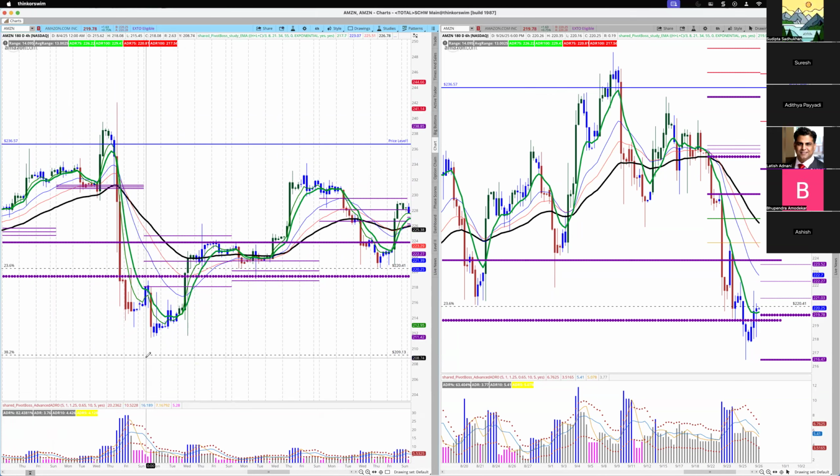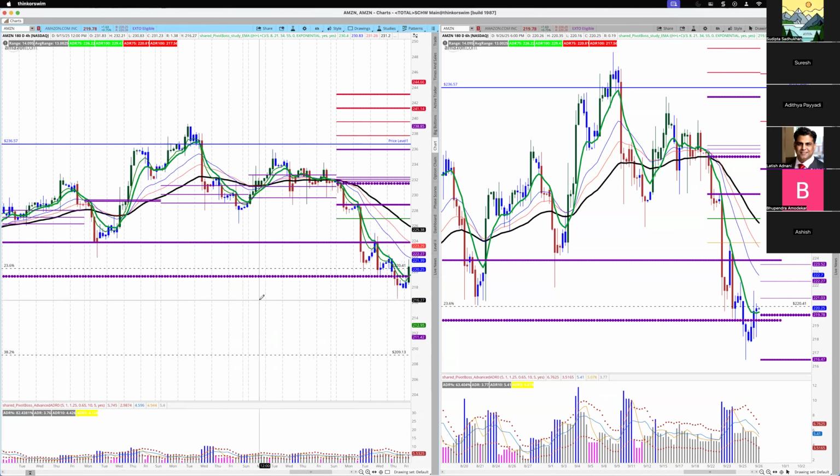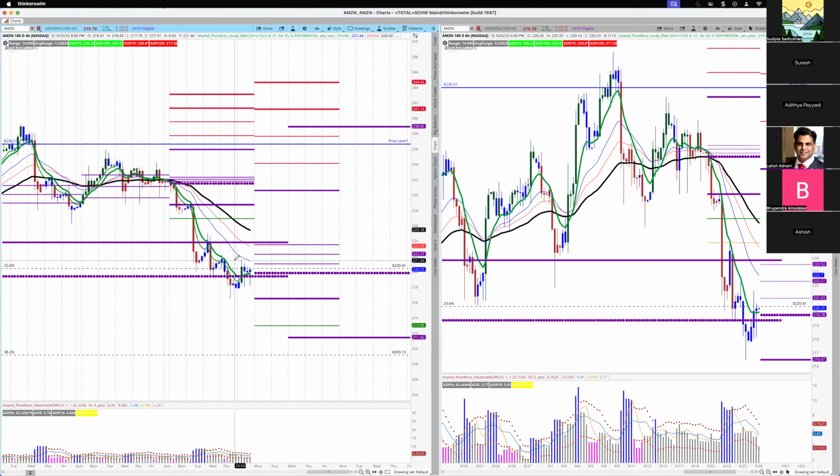I have not projected the weekly chart, but if I come to this weekly chart and you are entering here, you can have a stop loss around 210 or 211, or maybe 1% or 2%, whichever as per your trade plan. Or you can look for some other important support levels where you can put a stop loss.